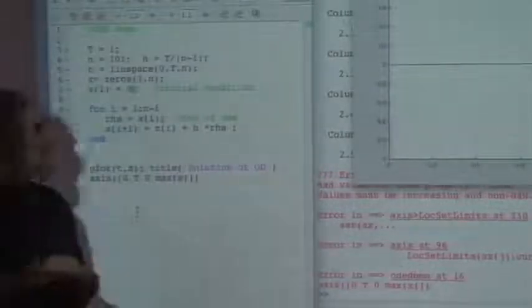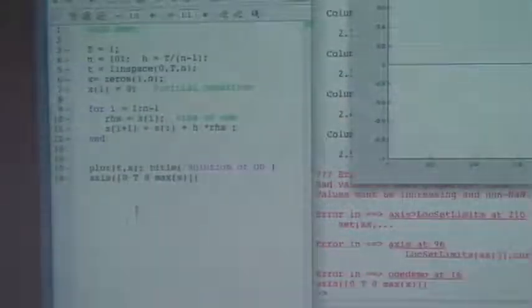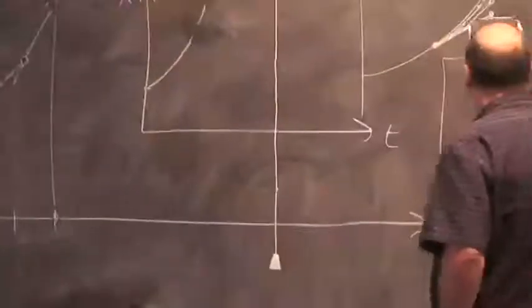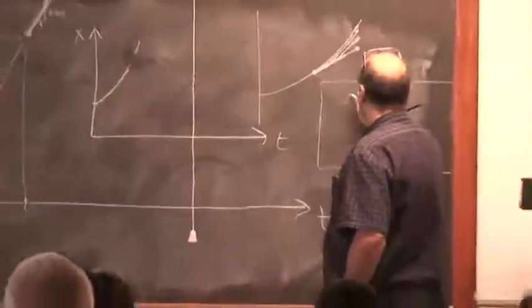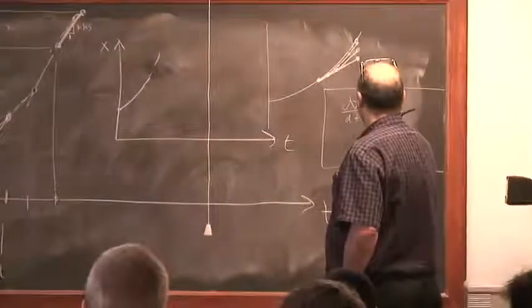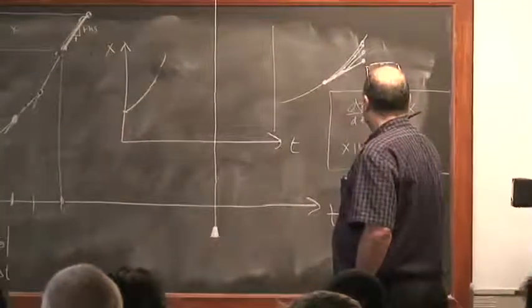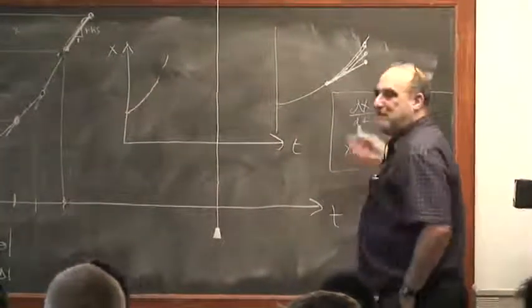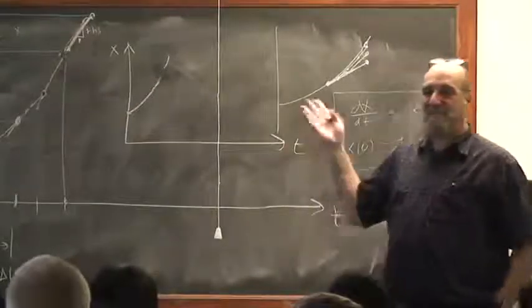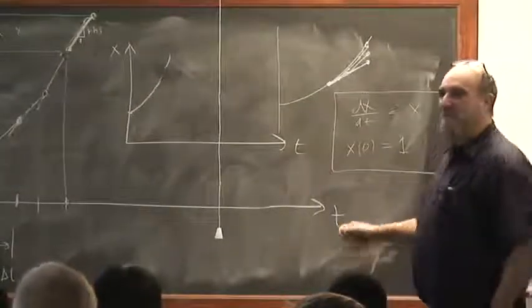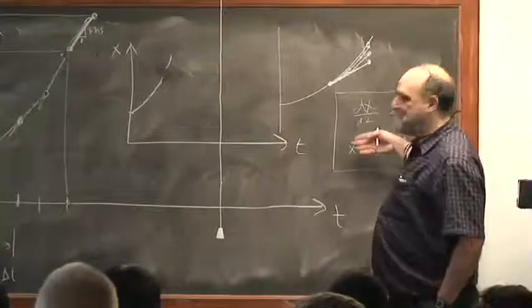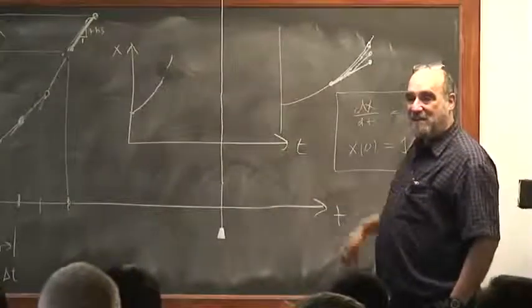Yes? We're finding there is some curve. So if we write this equation, dx dt is equal to x, and x at time equals 0 is equal to 1, this is an implicit description of some curve. There is some curve that solves this differential equation with this initial condition, and we're trying to find that curve.